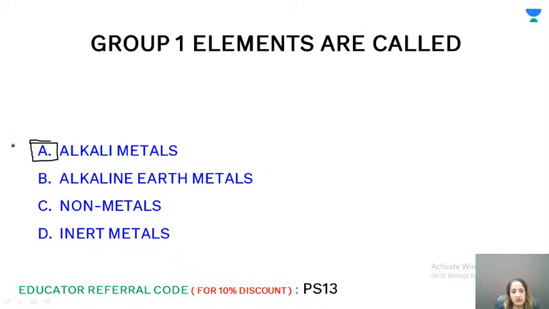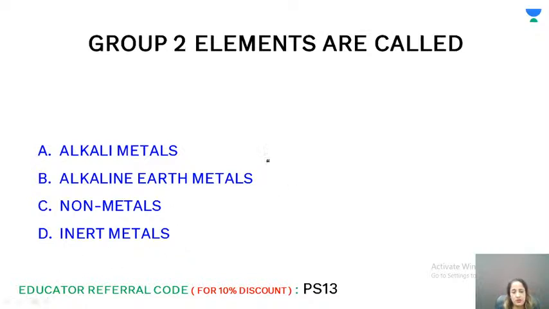Alkali metals are group 1, and this is group 2. Non-metals are spread across the periodic table, and inert metals, we don't have them as a group. All the gold and silver are called inert metals because they don't react.